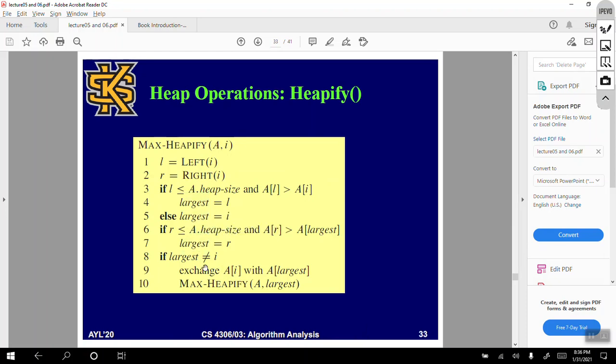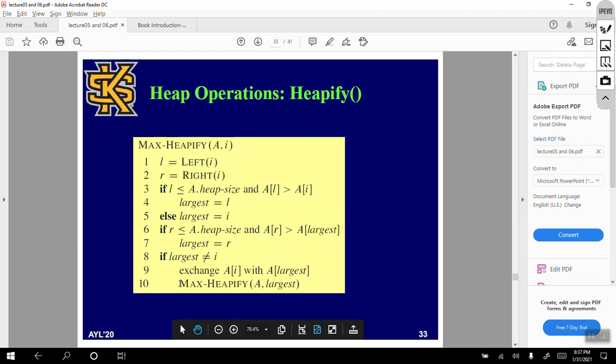And if largest is not equal to i, we need to exchange A[i] with A[largest]. The largest is either the left child or the right child, right? Exchange means swapping.